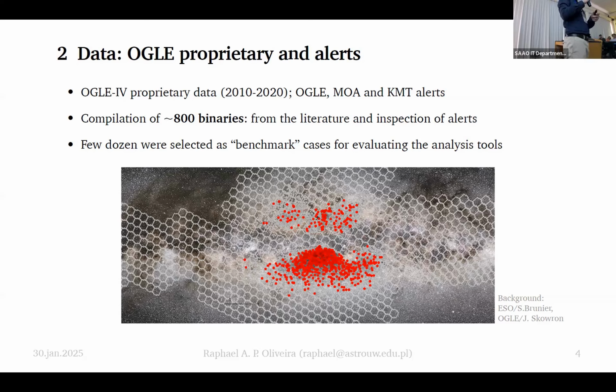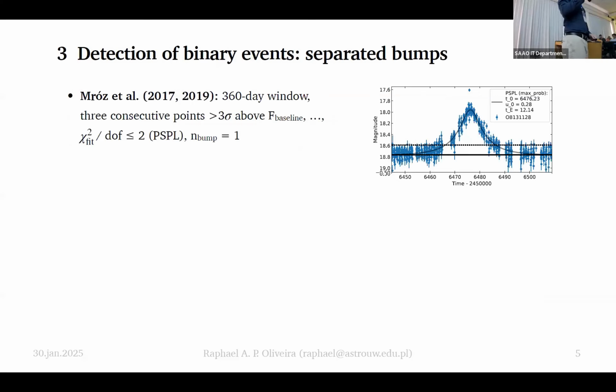So for this benchmark, every change that we do to the code, both for the detection and the fitting, these benchmark events should be detected. So I use the paper of Mroz et al., 2017, 2019, which assumes a 360-day window to get the baseline flux and the sigma, and the bump is defined as at least 3 consecutive points above 3 sigma of the baseline.